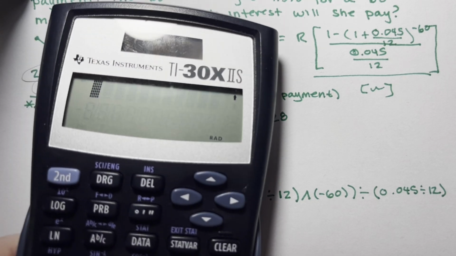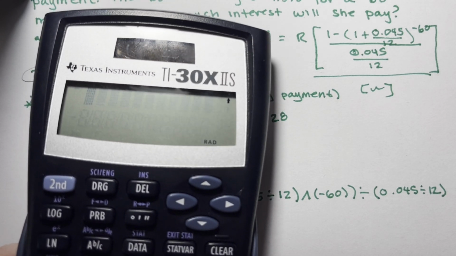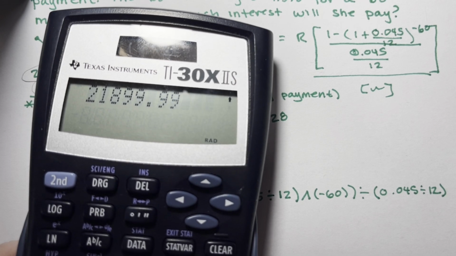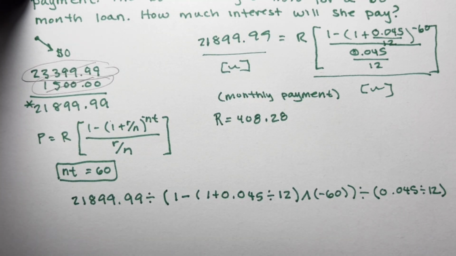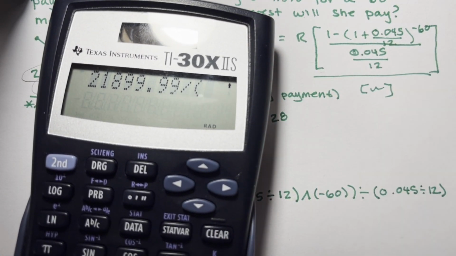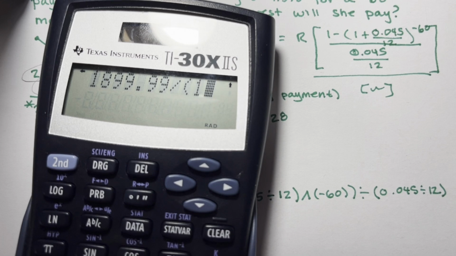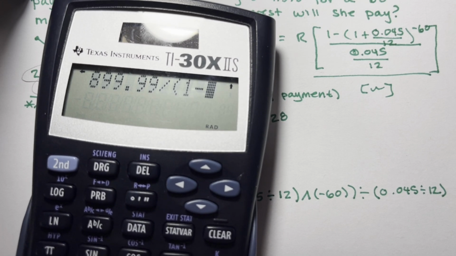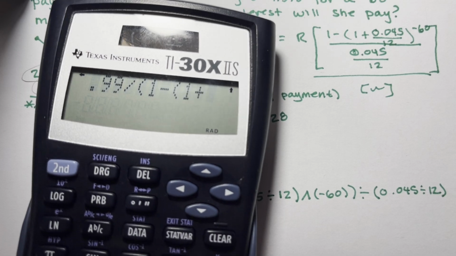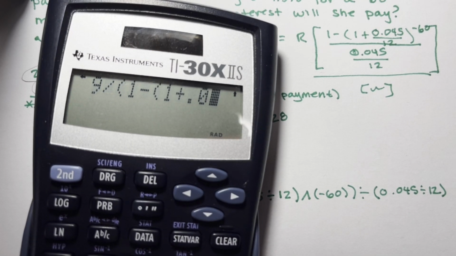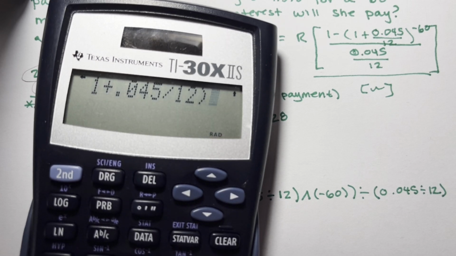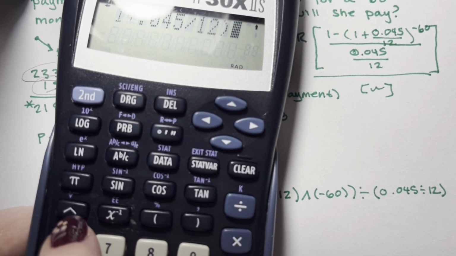So what did we say? We said start with that 21899.99 divided by, open parenthesis for the numerator, and then start typing in that numerator, 1 minus parenthesis 1 plus 0.045 divided by 12, close parenthesis, caret.